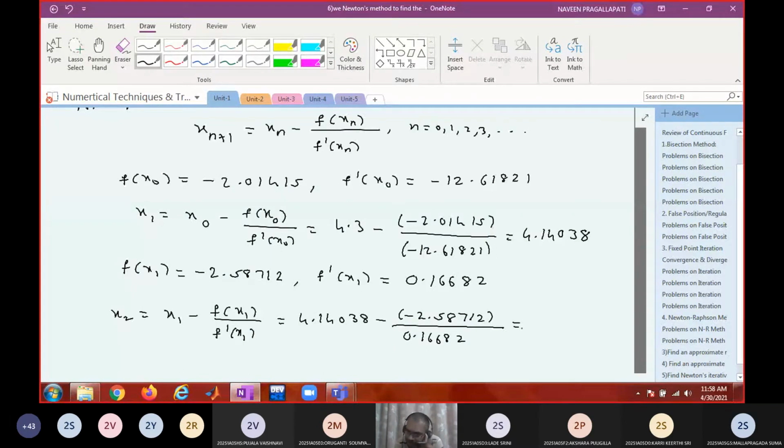What is the x2 value? The value for x2 is 19.64.